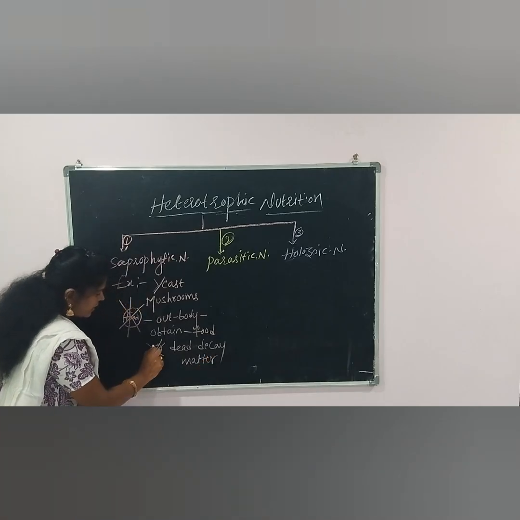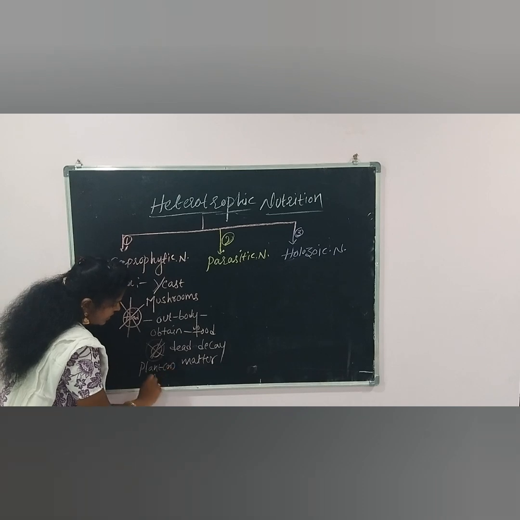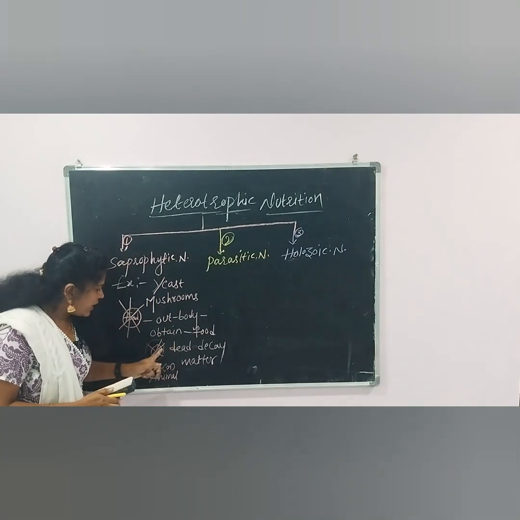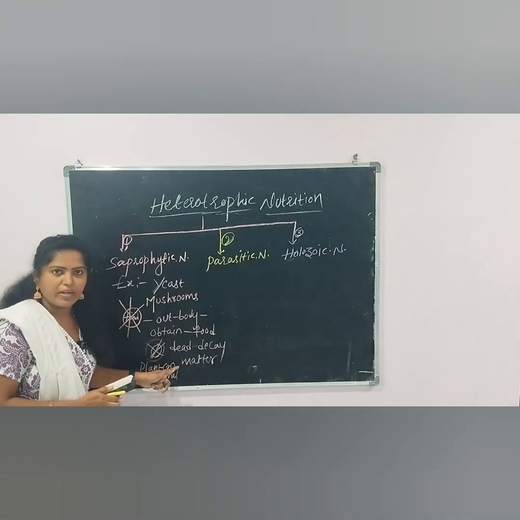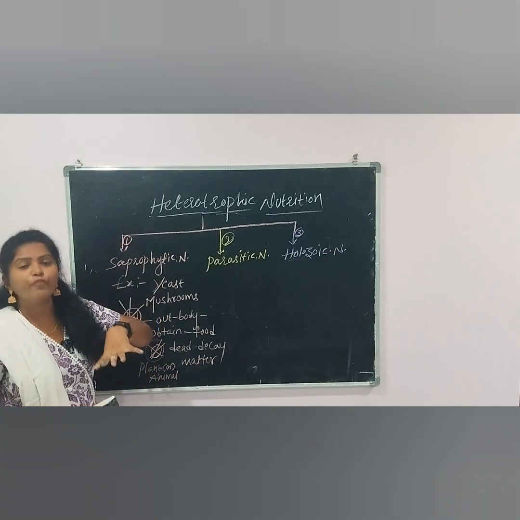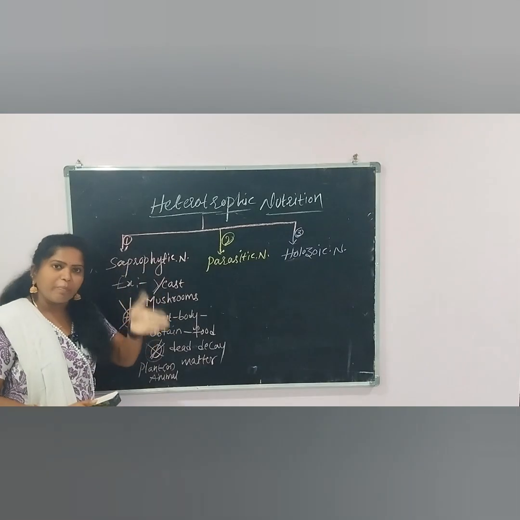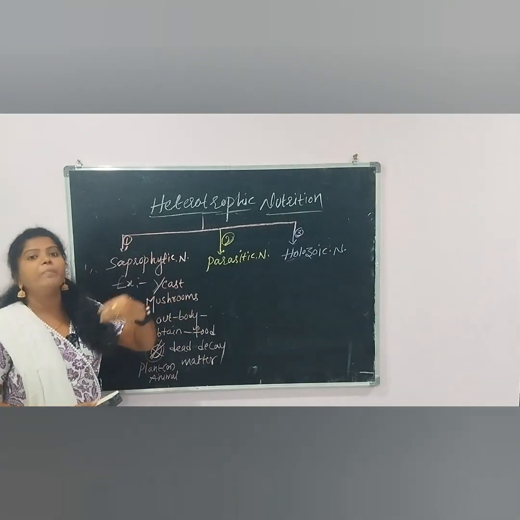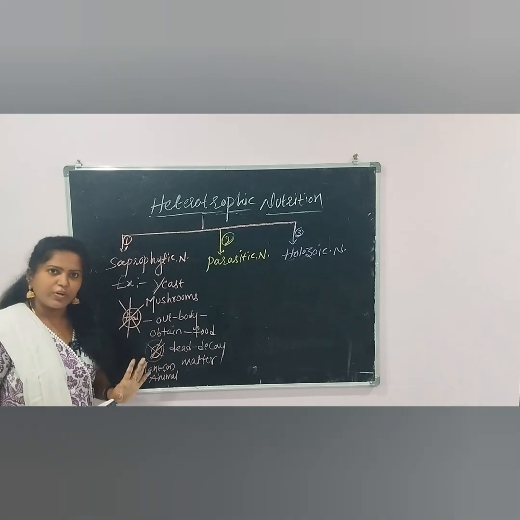Suppose this is the dead and decaying matter of any plant or animal or any organism. They release enzymes on it and then obtain the food. Understood? These organisms break down the food material outside of their bodies, then they obtain the food. This is all about saprophytic nutrition.